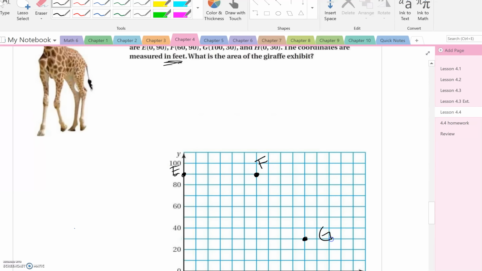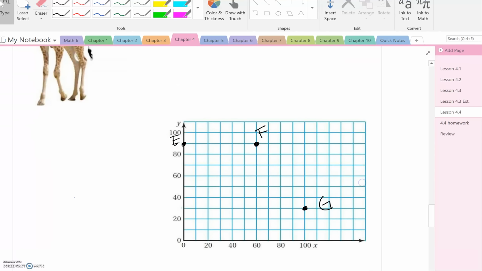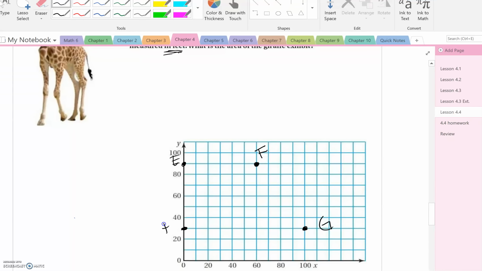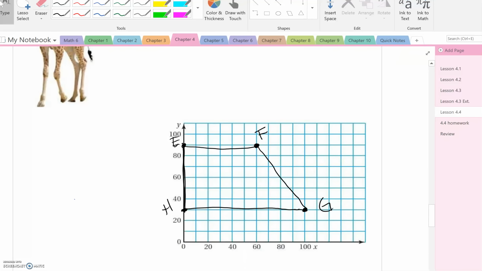That's G. And then we're at 0, 30. That's H. All right, so connect your points. All right, so what shape does that make? That looks to me like a trapezoid, okay? So I have my two bases here and then the height.